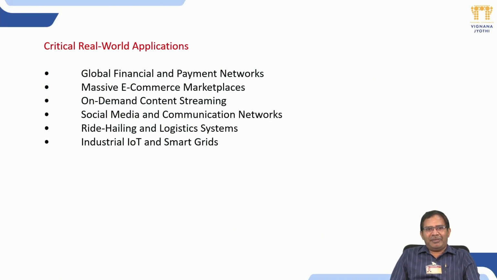Here are the different critical real world applications where distributed database systems are used without any hurdle. The global financial and payment networks support distributed database principles, where payments happen seamlessly without hurdle, and queries are computed across multiple nodes and multiple software instances scattered across the world.